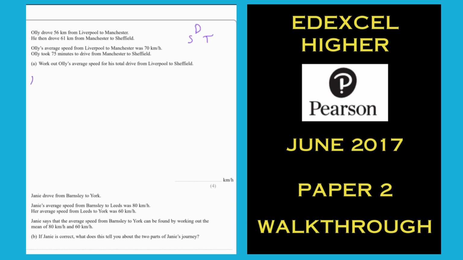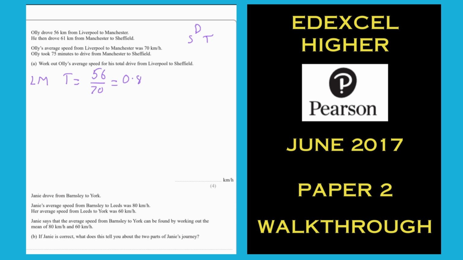Let's look at Liverpool to Manchester. The time it takes will be 56 kilometres divided by the speed, which is 70 kilometres per hour. And that's going to spit out 4/5 or 0.8.